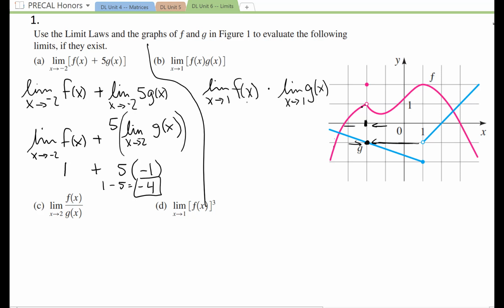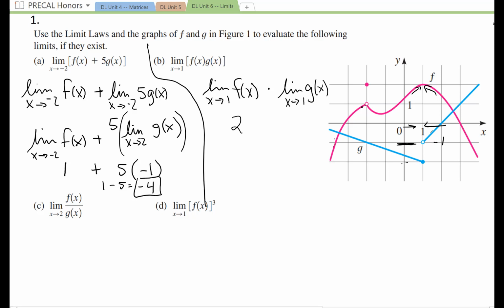The limit of f of x as x approaches 1, f of x clearly appears to be approaching 2. The limit of g of x as x approaches 1. From the right side, it's approaching the f of x value of -1.